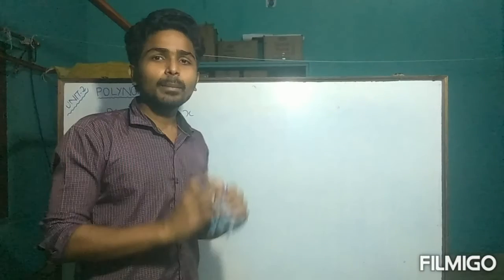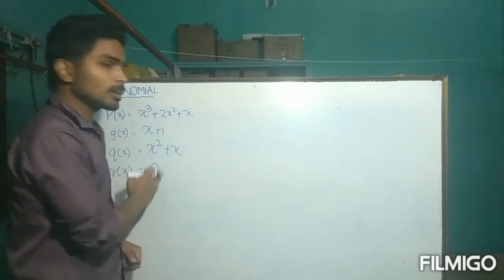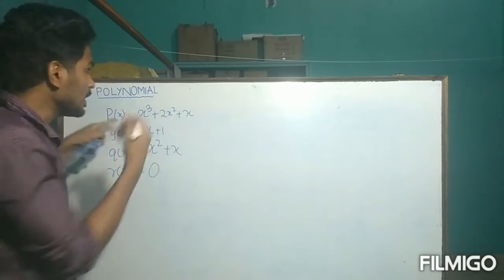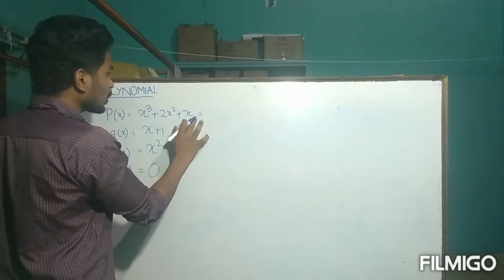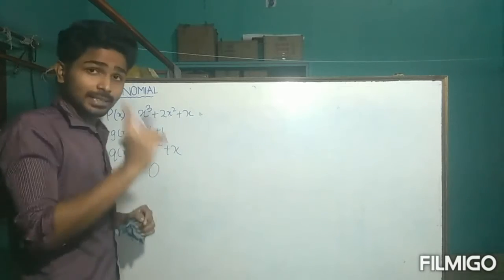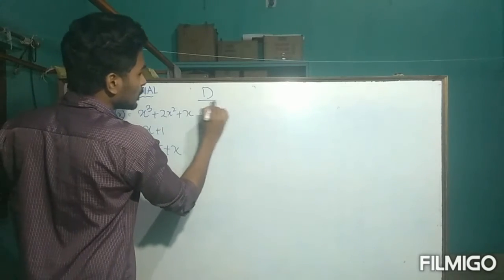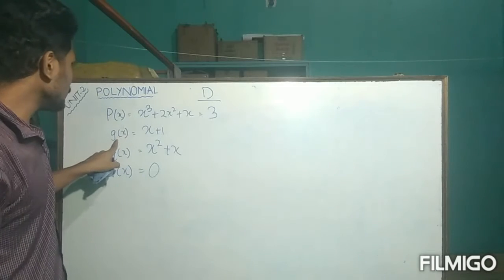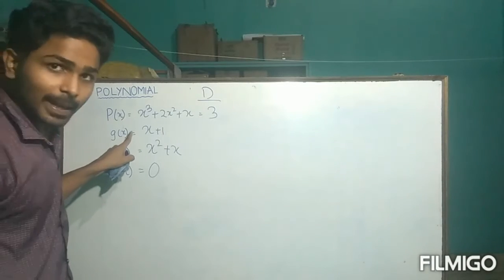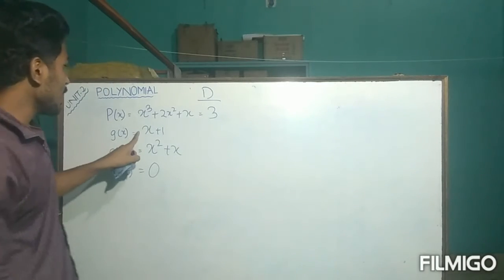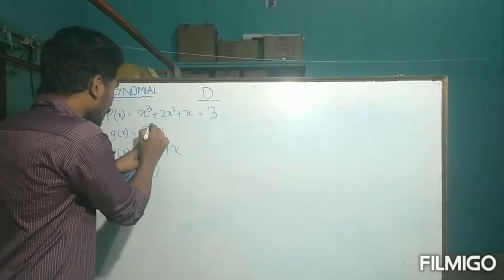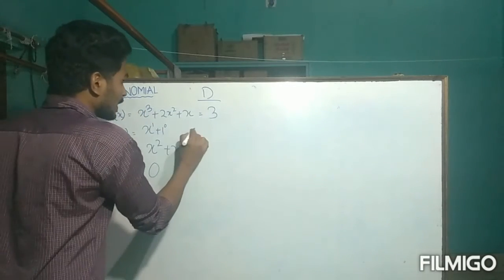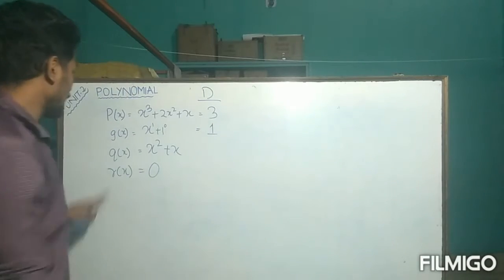Now we will determine the degree of each polynomial. Since p of x is the dividend, and its highest power is 3, its degree is 3. Then coming to g of x or the divisor, this polynomial has the highest power 1 and it has the power 0, so the highest power is 1, so we can write its degree as 1.